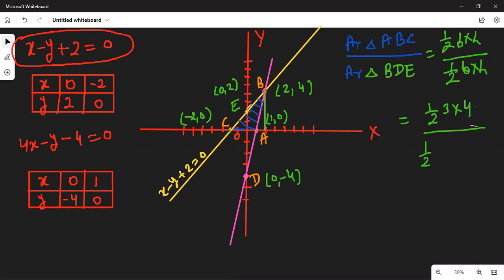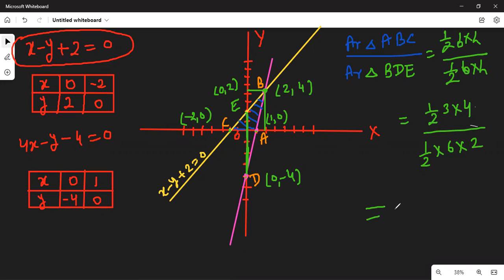BED. Just look at the triangle BED. So minus 4 is down, this length, and plus 2 is up. So your base would be 6 into height. Height would be this line, perpendicular distance, no? You'll drop a perpendicular here, which is equal to the x coordinate of point B, which is 2.